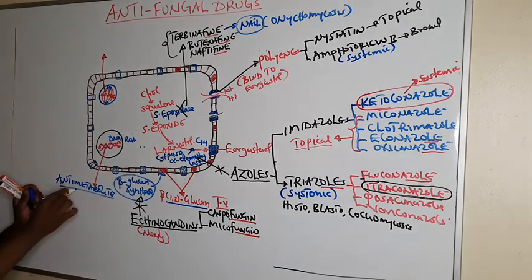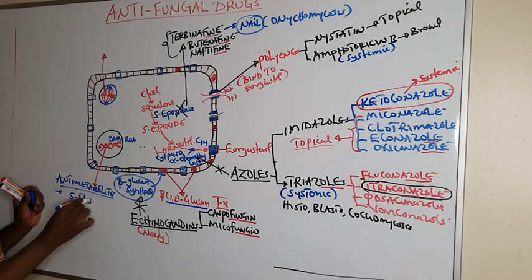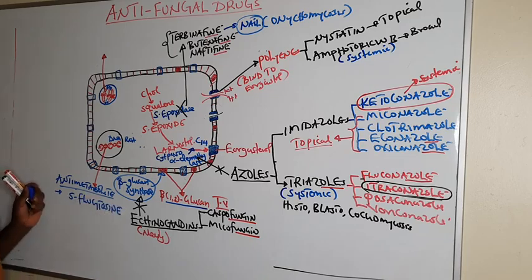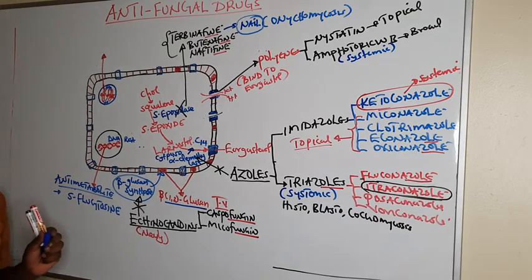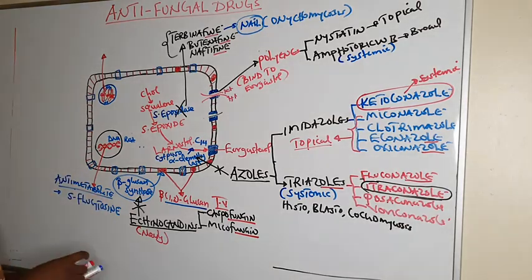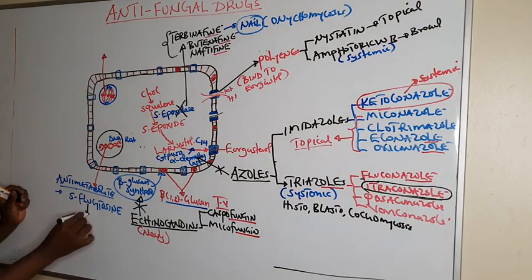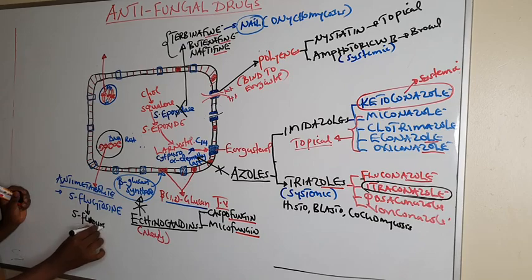This antimetabolite, which we are going to call 5-flucytosine, is always a prodrug. But once taken, 5-flucytosine is converted to 5-fluorouracil. You can abbreviate it as 5-FU.